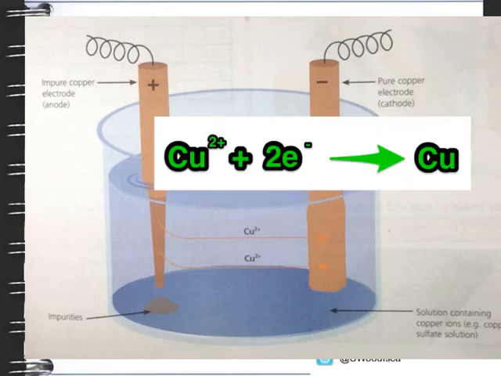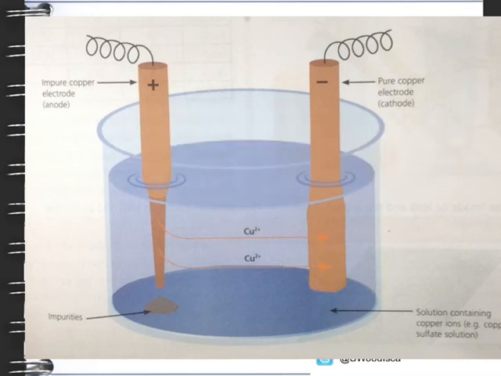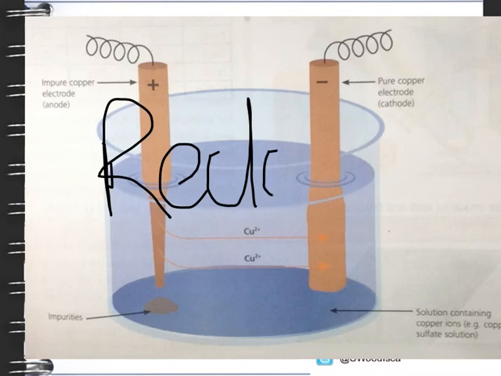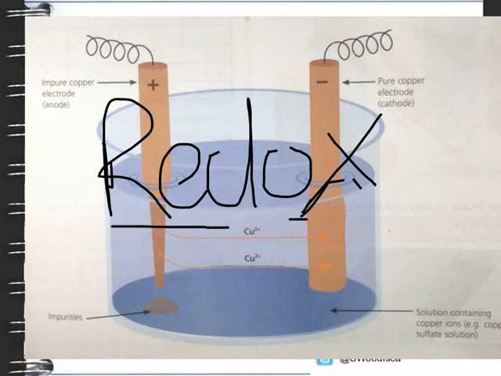Here we have the copper ions gaining electrons, so they become copper atoms. This is an example of a reduction reaction. So the whole thing is what we call a redox reaction. Redox stands for reduction and oxidation. We need to remember that reduction is the gain of electrons and oxidation is the loss of electrons.